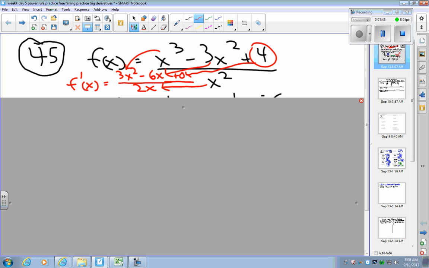So some of you might have said the derivative of this crazy quotient is just take the derivative of all the little pieces. You can't do that, okay? You can't take derivatives of pieces of a quotient. Okay? You can't do it.